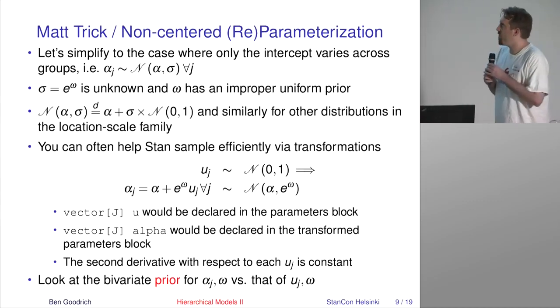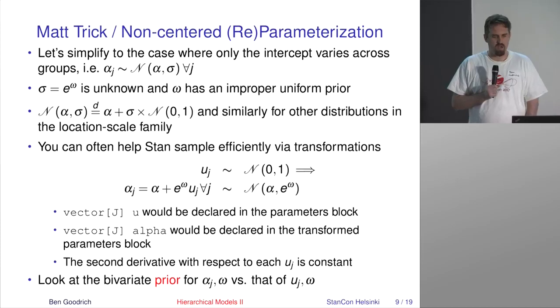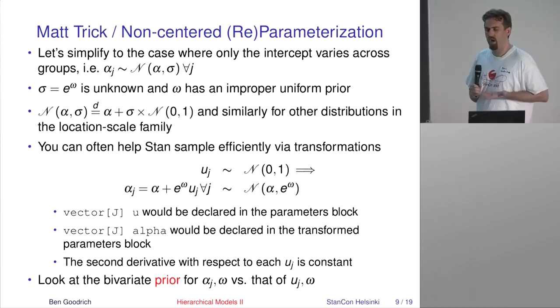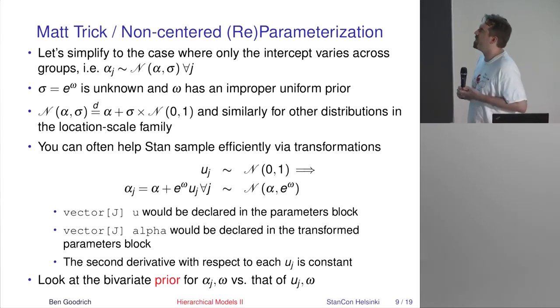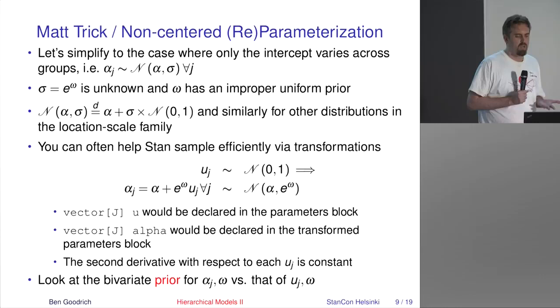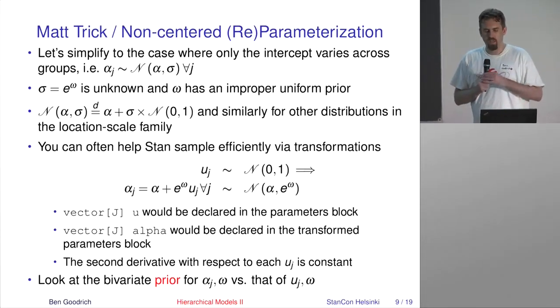Okay, so before we get into writing our own Stan stuff with hierarchical models, we need to talk a little bit about reparameterizations. We've already seen this come up a couple times because it's pretty common among people who are experienced writing Stan programs.